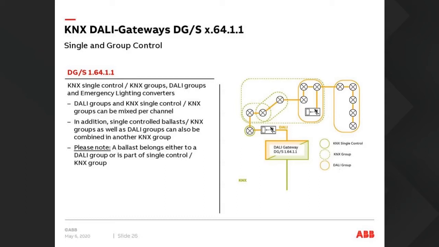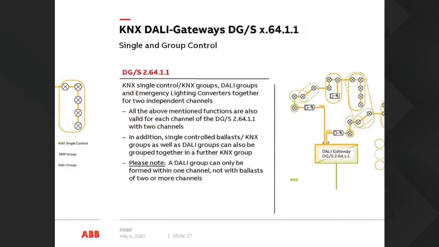But if you're in an office with a load of smaller meeting rooms or something like that, it may be more beneficial to program these in various groups, with KNX groups, with individual fittings, with DALI groups. You can arrange these however you want. It's the flexibility that's the bonus here. We have the options to do whatever we like, and we certainly can maximize our efficiency for any project.